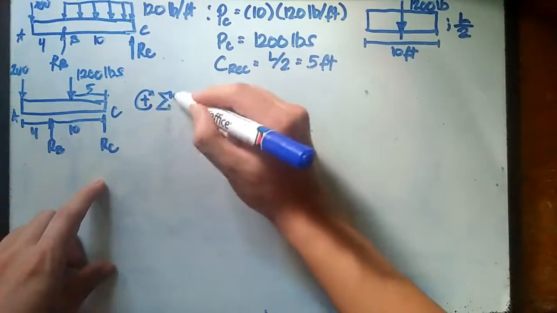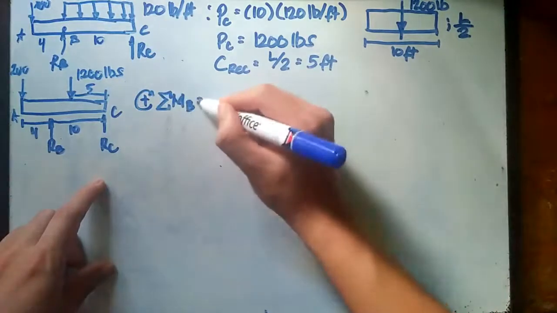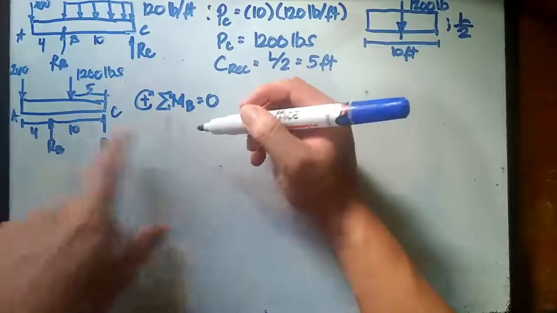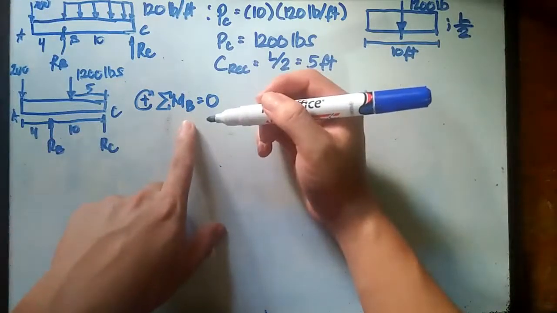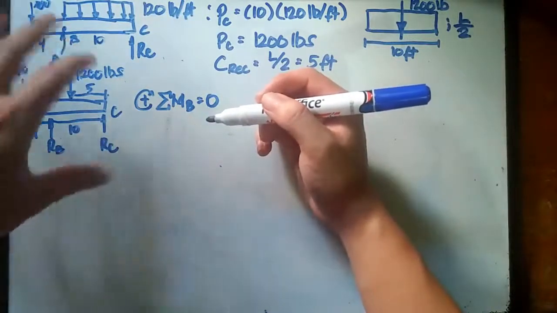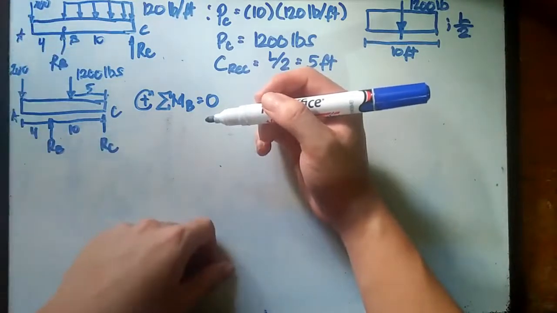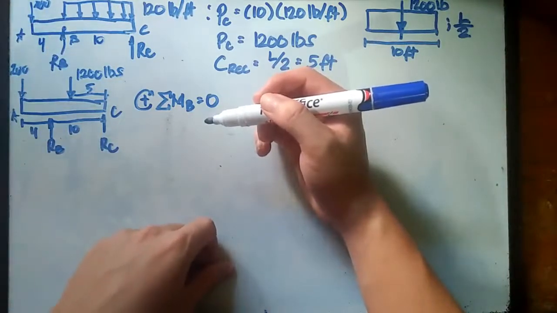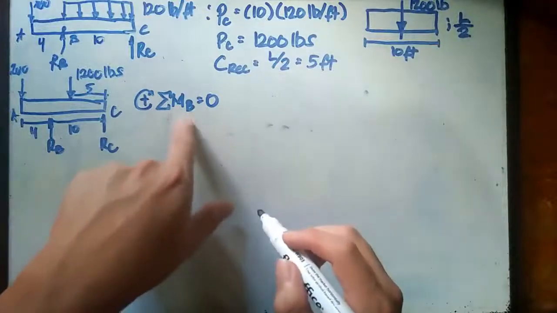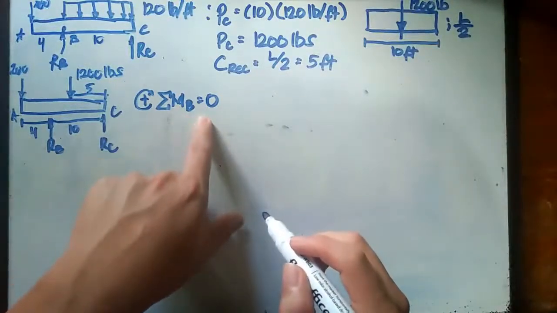The summation of moments at point B equals 0. So all forces about the B pivot point should equal 0. If we add all of those moments, it should equal 0, so that our structure is static. That's why the summation of moments at B equals 0.